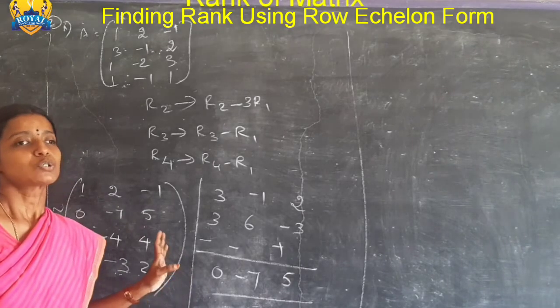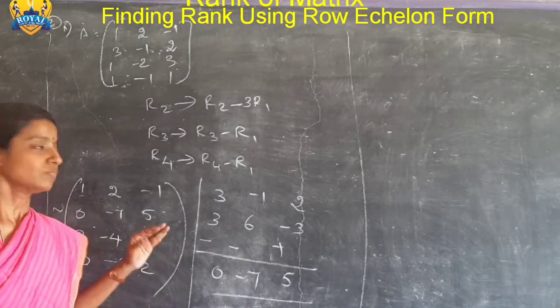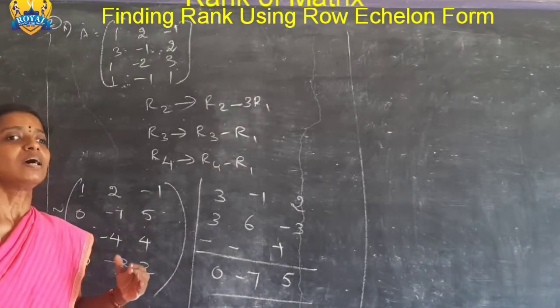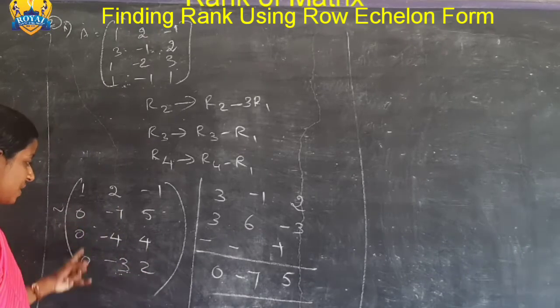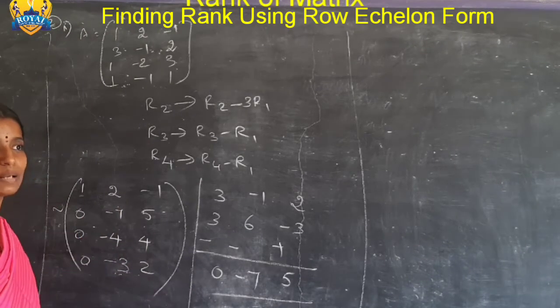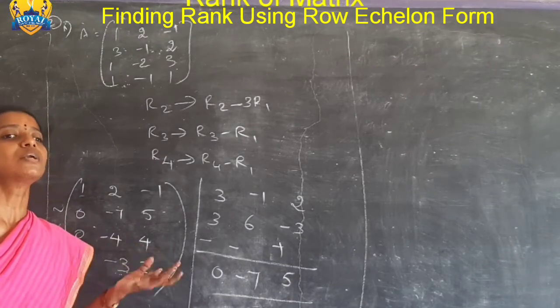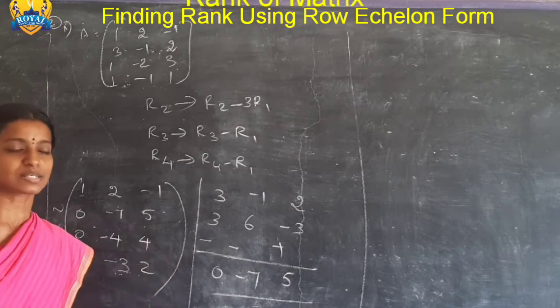So now never use row 1. Don't use row 1 to make next row transformations with R2, R3, R4, because we brought all these elements as zeros. So you proceed only with R2, R3, R4 to make one complete row as 0.